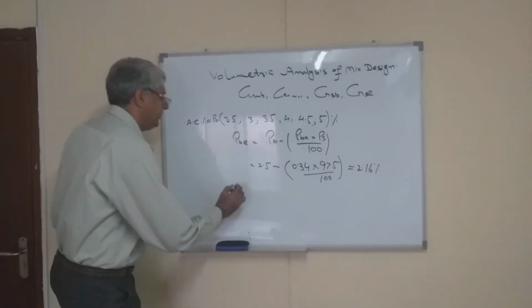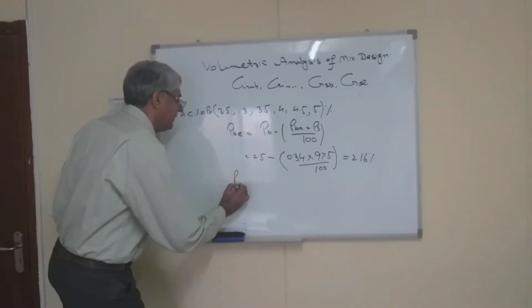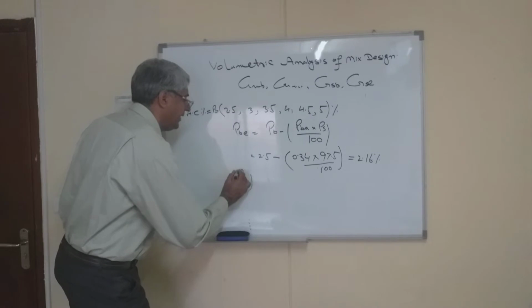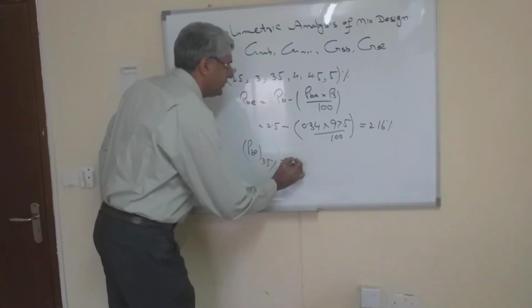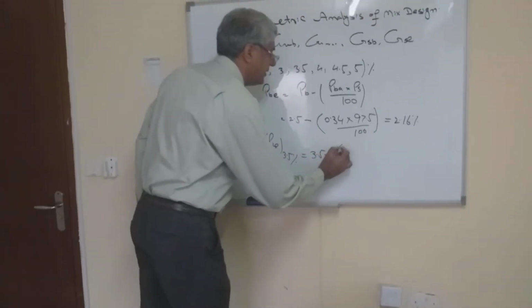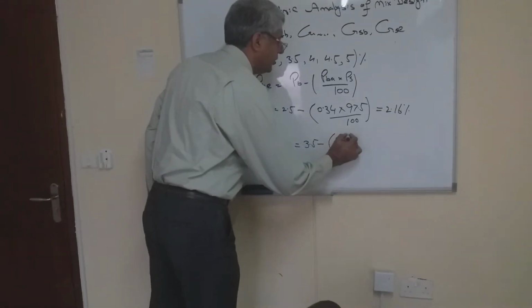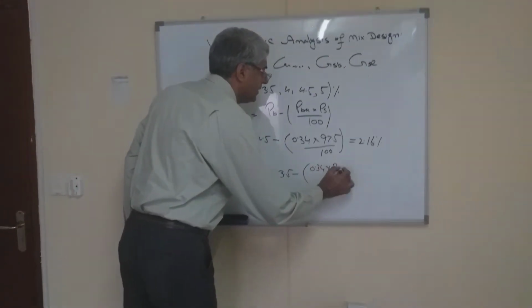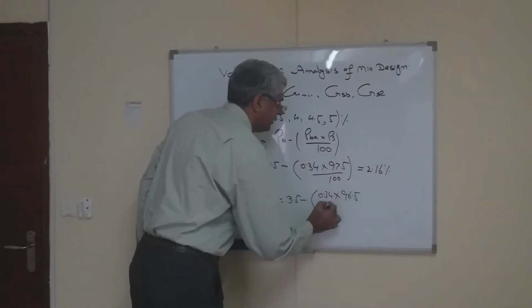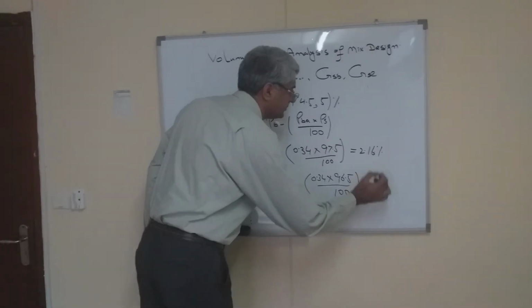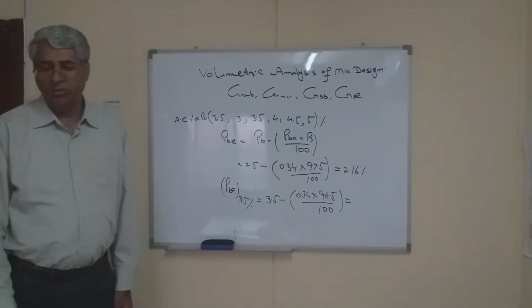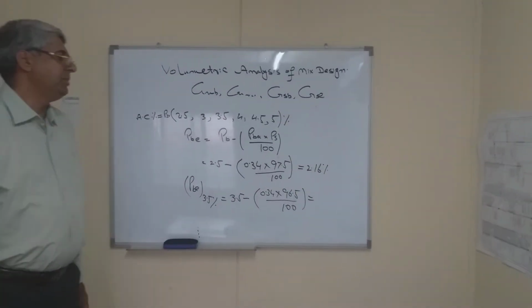Similarly, I can make another calculation at the rate of 3.5%: 3.5 minus 0.34, times 96.5 over 100. Here its value will come out to be 3.17.